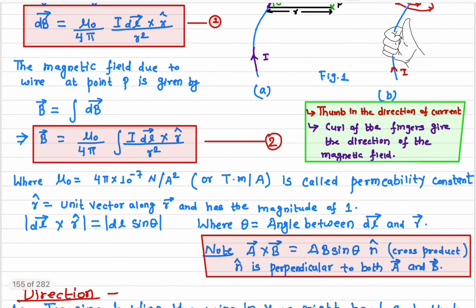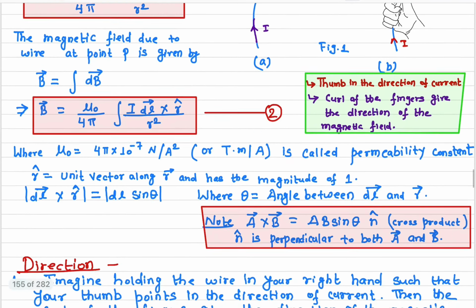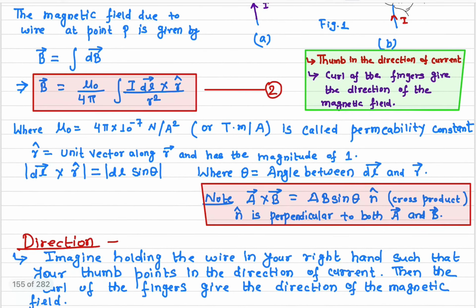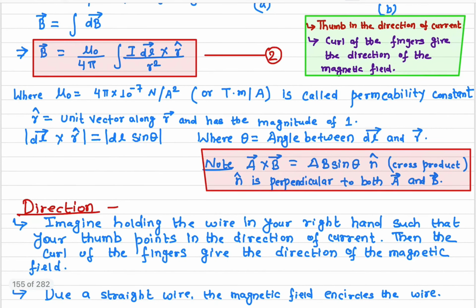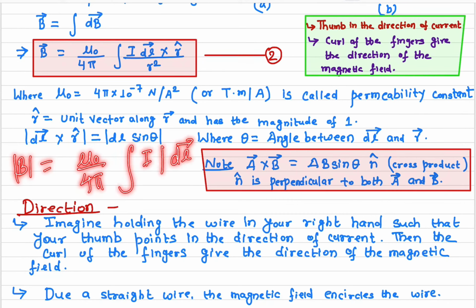So far we talked about the magnetic field here. The magnitude of the B vector can be given by mu naught over 4 pi, times I, times the magnitude of dl cross r vector, divided by r square.